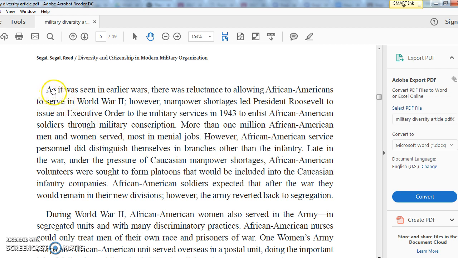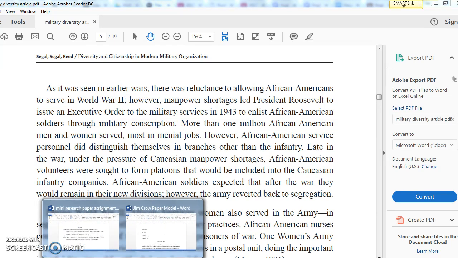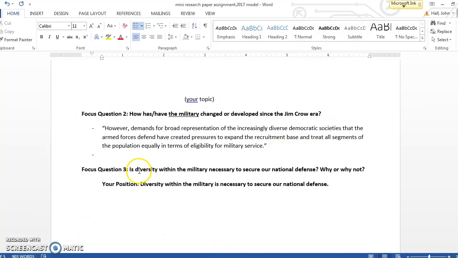So let's just say I wanted to use this first sentence here. I could do that. I haven't even read it, I'm just glancing at it, and it probably doesn't work for my paper because I just randomly picked it. But if I were reading along and felt it did, I would just copy this word for word into my notes, and I could use it.